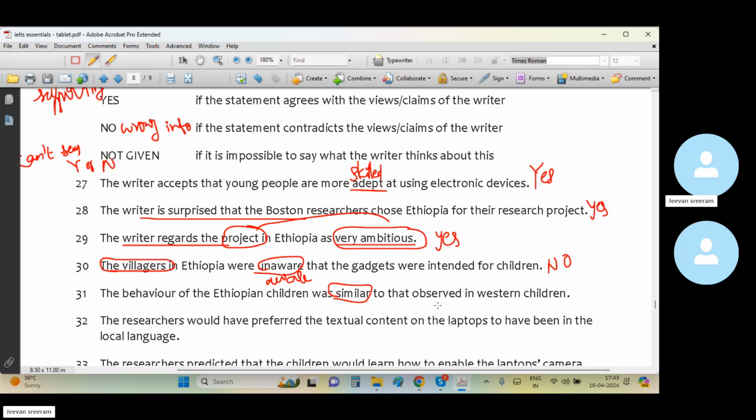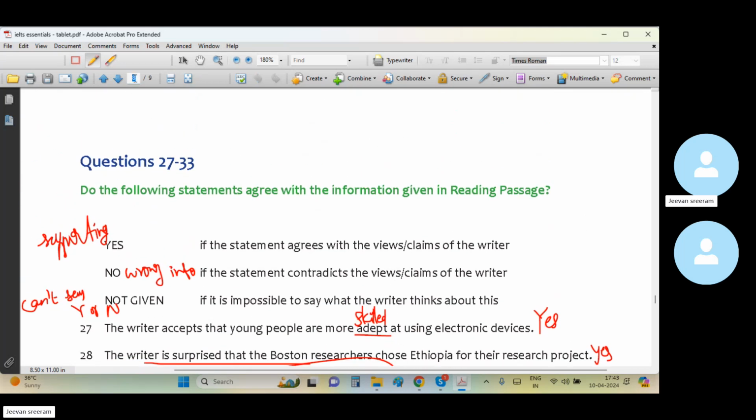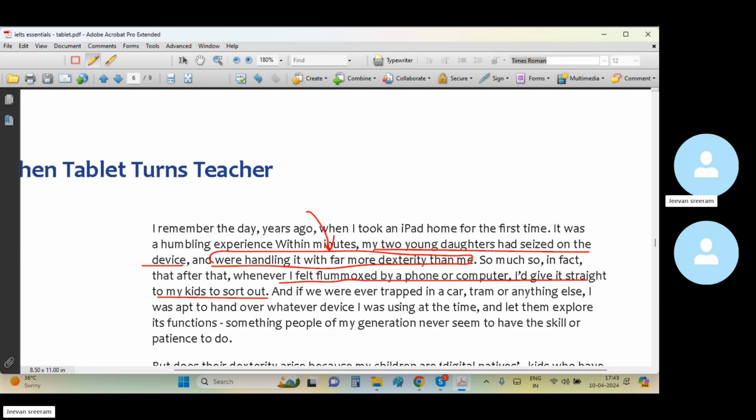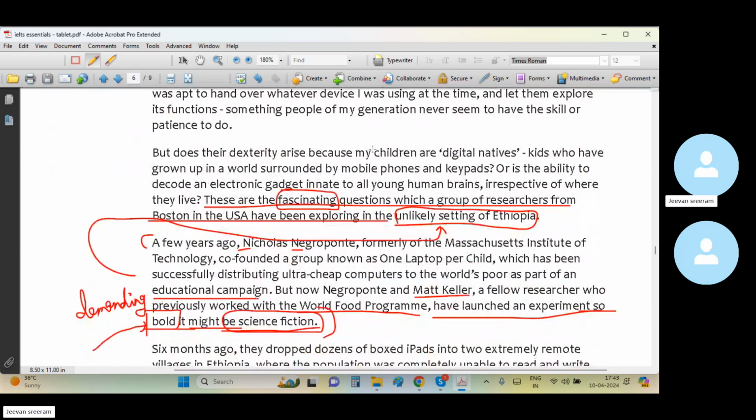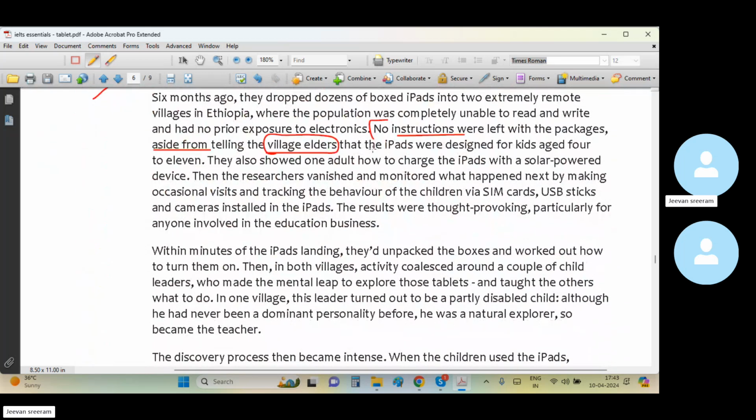But Western children stand, go away and work on it on their own, alone. Yes, so there is a clear proof line again.